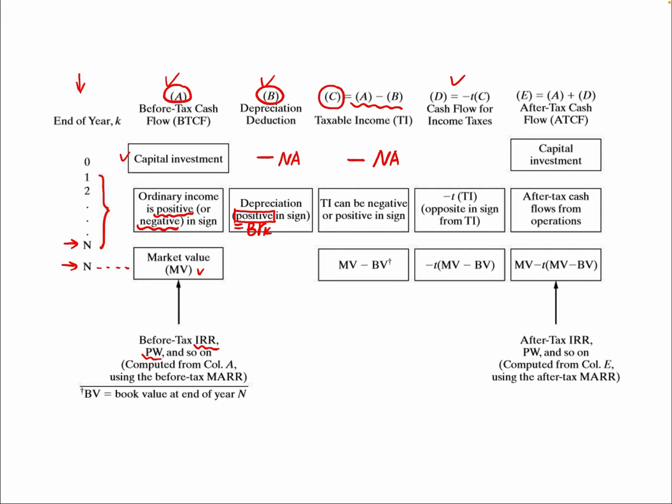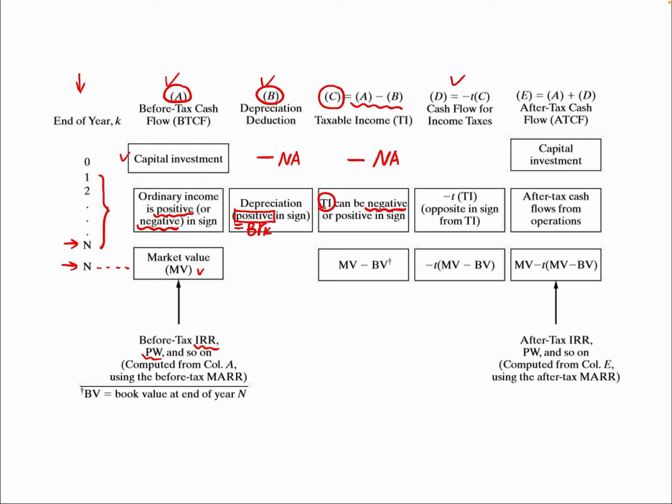But from year 1 to year N, you need to fill it up with the result of the cell in column A minus the number in column B. We say that is the taxable income because that's your gross income minus your depreciation deduction, TI.